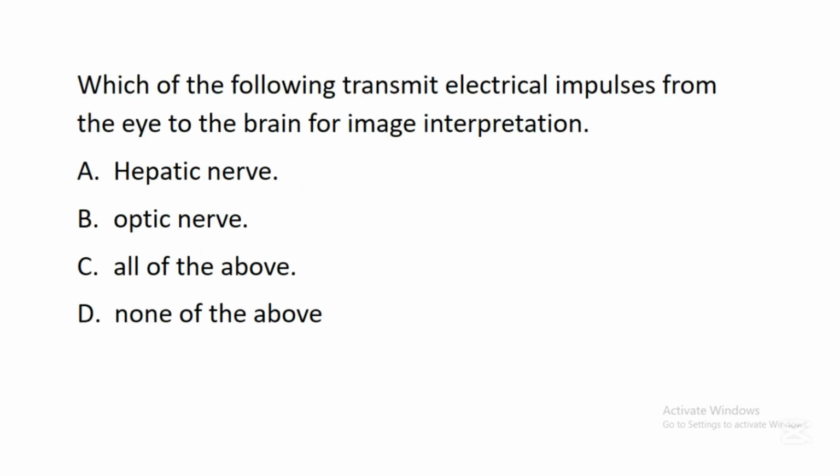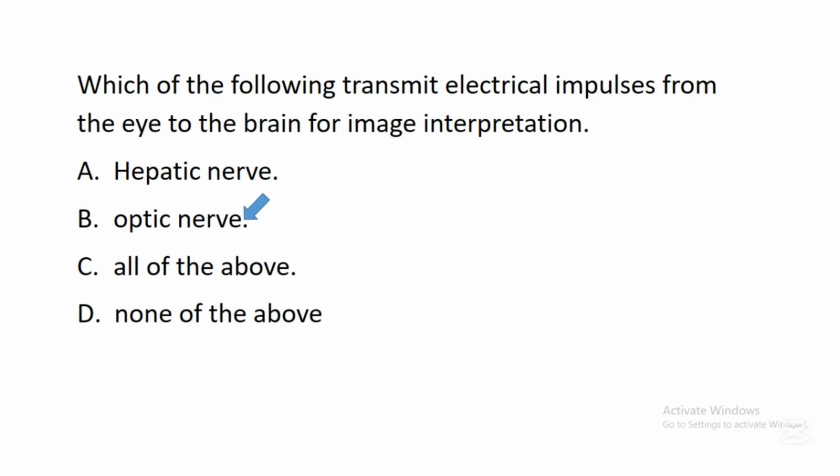The next question says, which of the following transmits electrical impulses from the eye to the brain for image interpretation? A. Hepatic nerve, B. Optic nerve, C. All of the above, D. None of the above. In this question, the correct answer is B. Optic nerve.